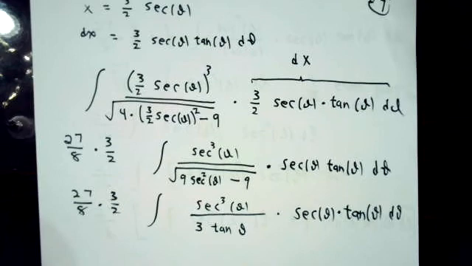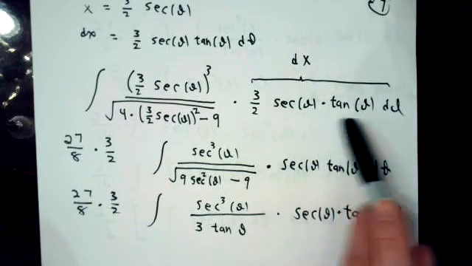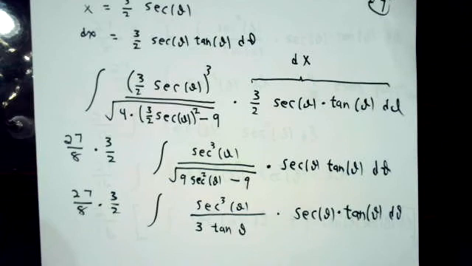The derivative of that would be 3/2 secant theta tangent theta. So dx is going to be 3/2 secant theta tangent theta d theta. So when I write my dx down, instead of literally writing dx, I'm going to write that instead.